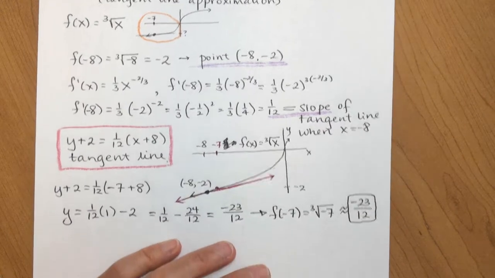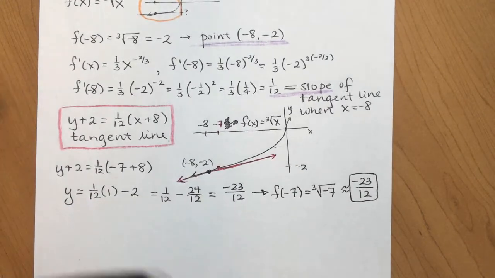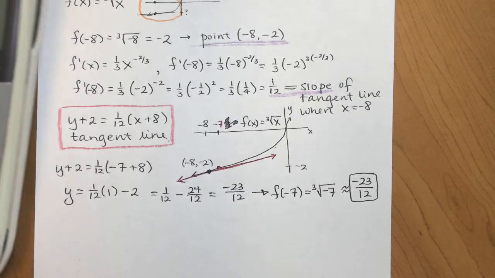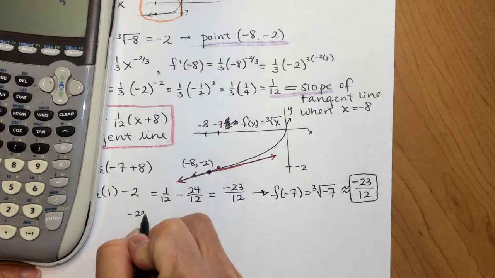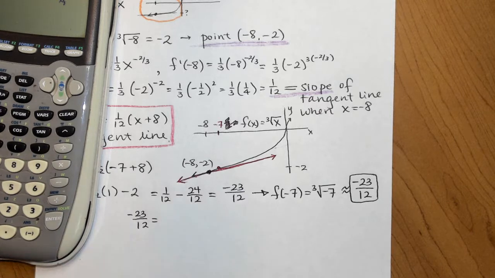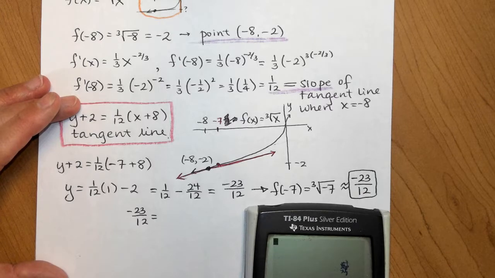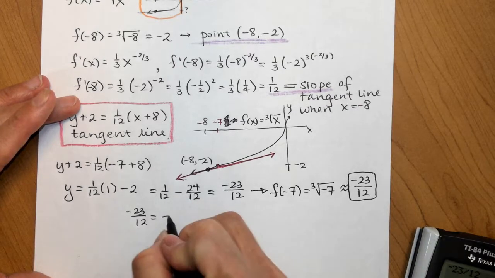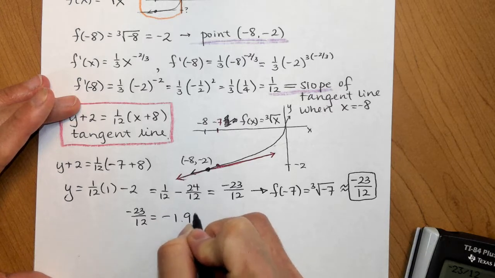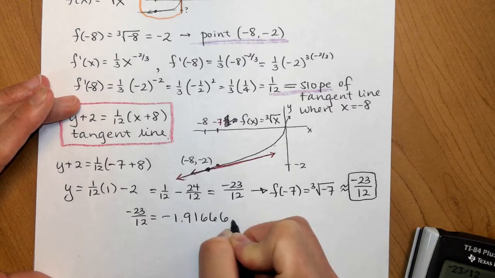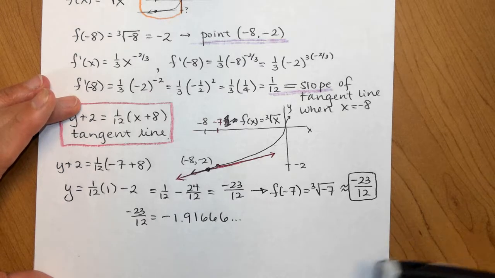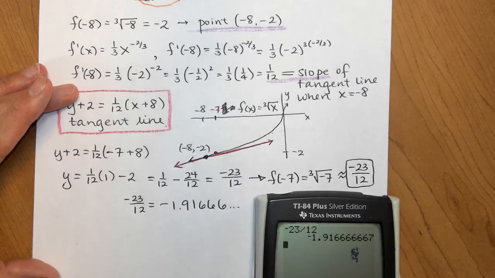Well, let's get out our calculator and see how close we are. So, -23/12 is, let's see here, -1.916 bar, -1.91666, and so on. Well, let's see how good our approximation is.